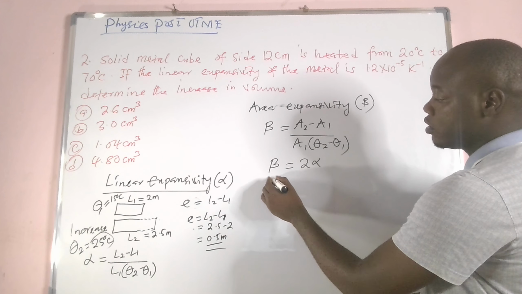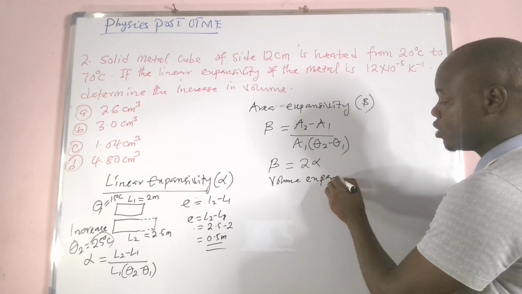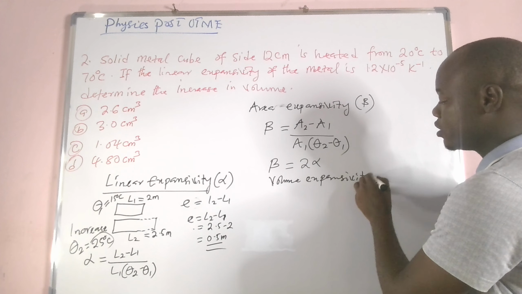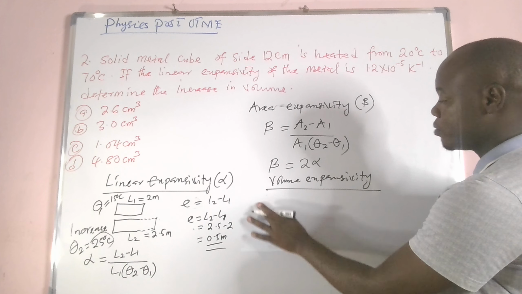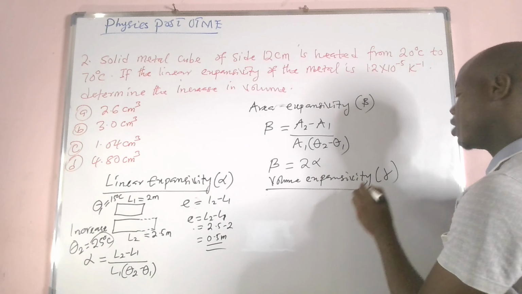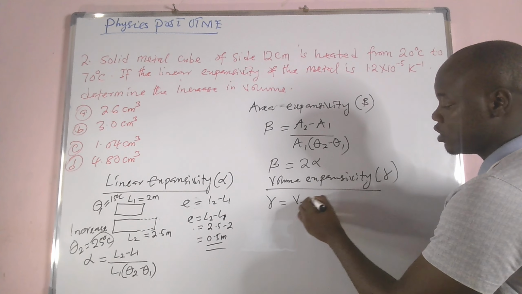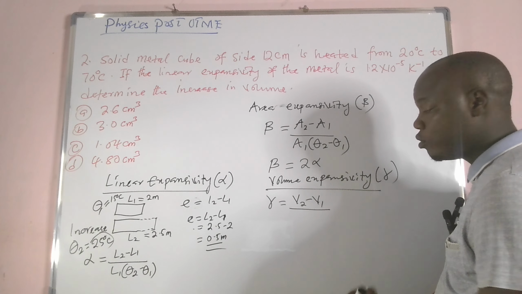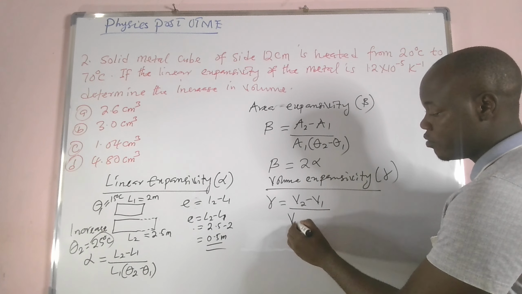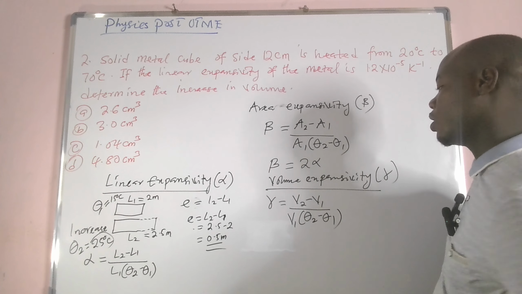And then the next one is the volume expansivity. In the case of volume expansivity, ladies and gentlemen, we have V. It is represented with gamma, and this gamma is equal to, because it is associated with volume, that is increase in volume per unit volume per degree rise in temperature: V2 minus V1 over V1 times theta 2 minus theta 1.